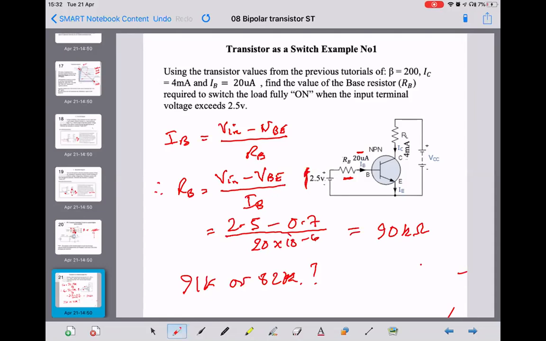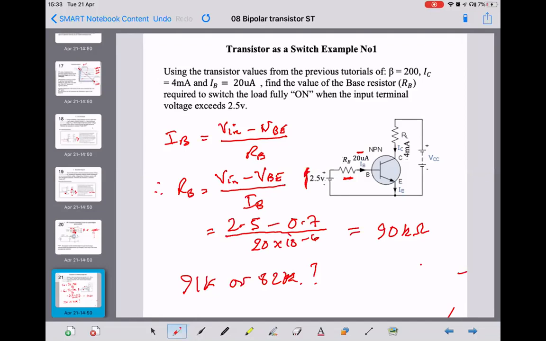We must be absolutely certain that we're going to be in that saturation zone when we switch on. So we don't want a lower than calculated current. We want to go for the slightly higher calculated current, which would come from having the 82K resistor. It's the correct one to choose. Perfect.